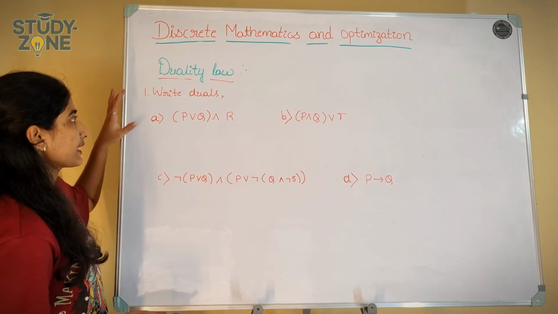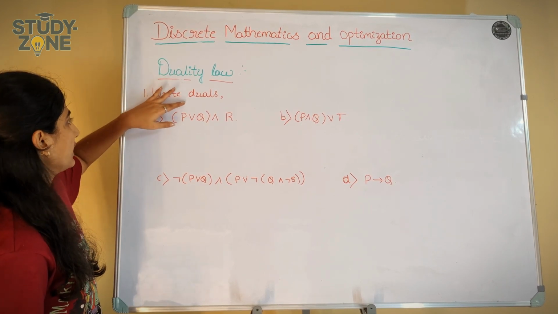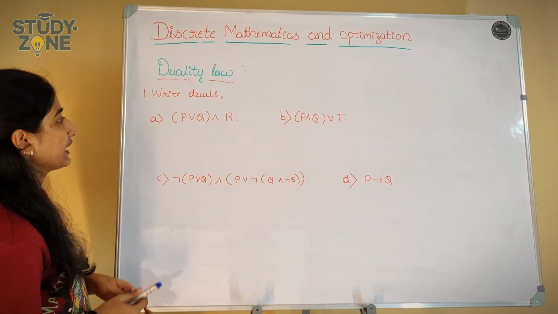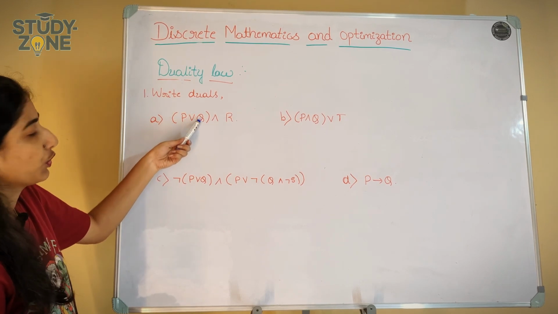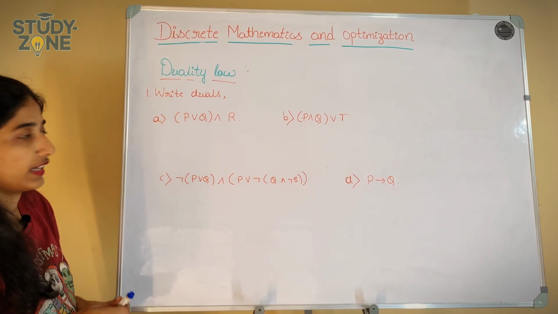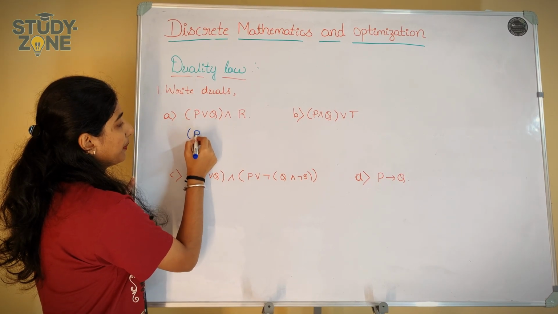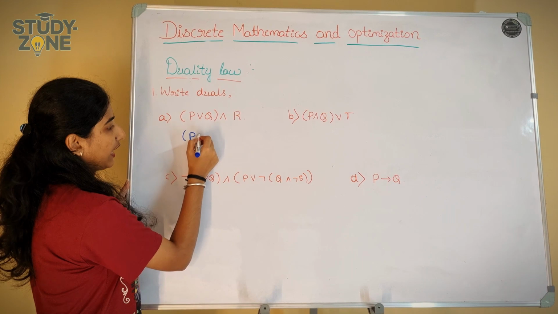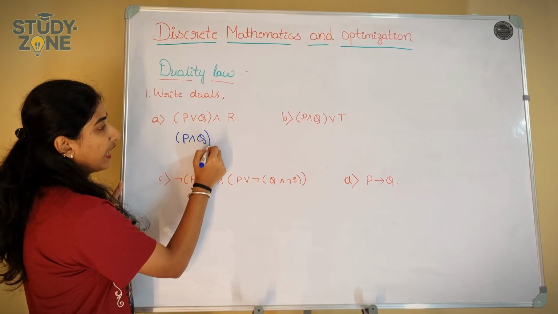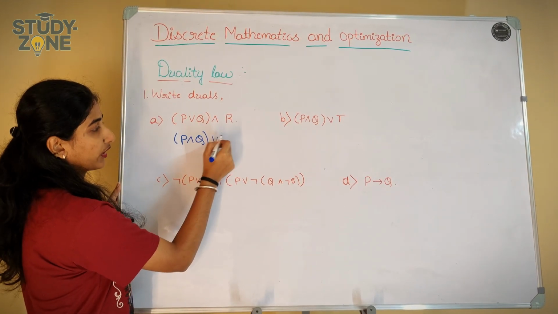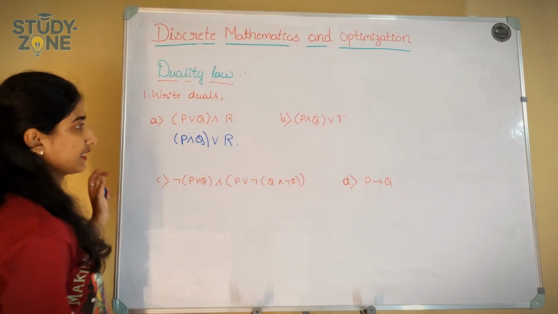So the first example is write duals of the following. First one is P or Q and R, correct? So it's simple. What we have to do? P, or is replaced with and, then Q, and is replaced with or, right? And then R as it is.